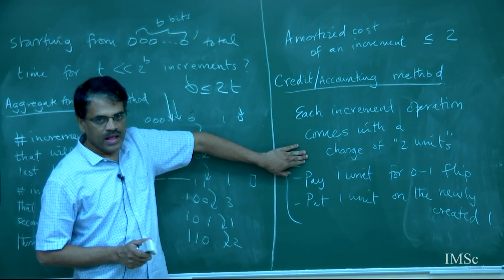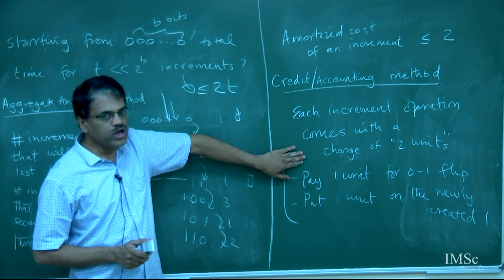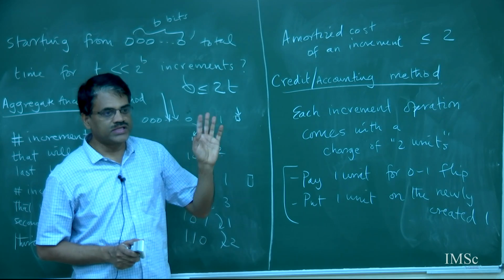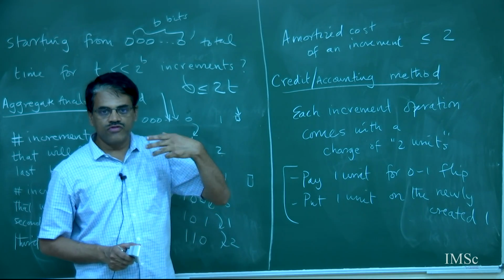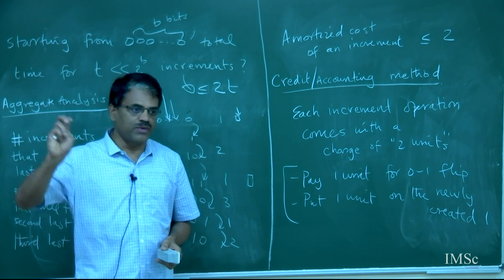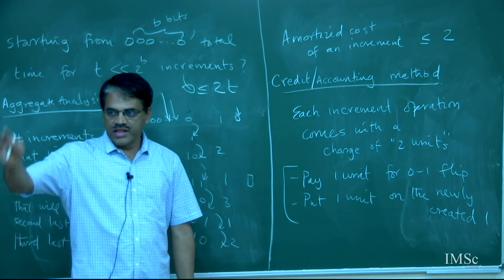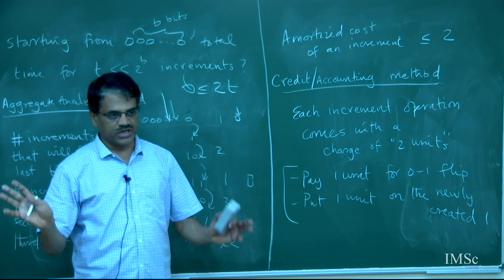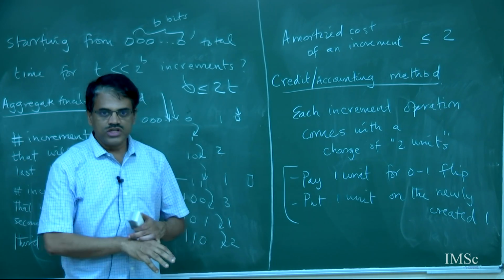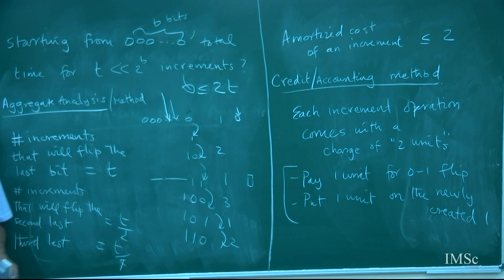And I want to argue that that's enough. That's enough that if somebody uses less than 2 rupees, they'll put the remaining on the data structure. If somebody needs more, there is enough in the data structure to use it. That's what I want to argue, so that then the amortized cost would be 2.